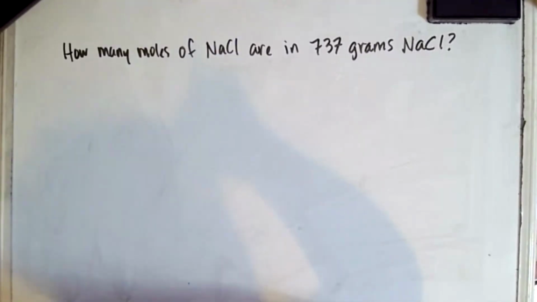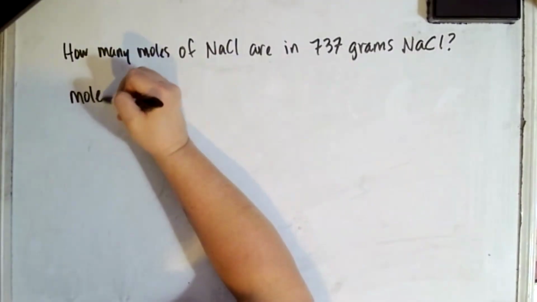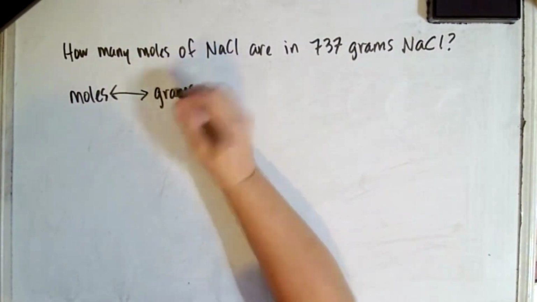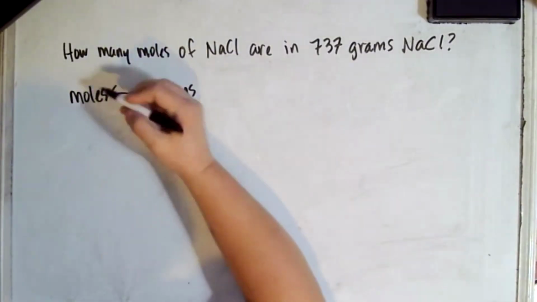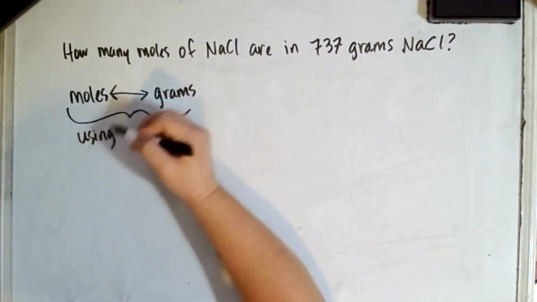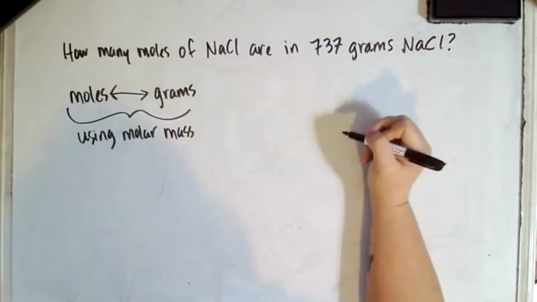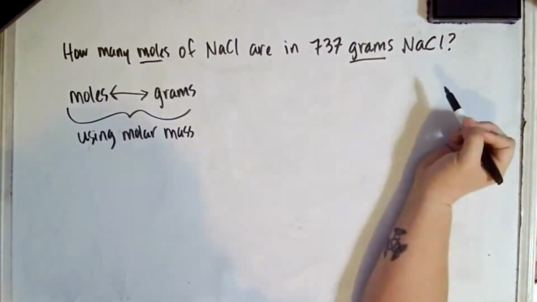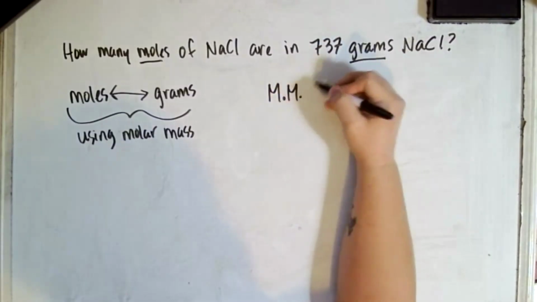So the first thing we want to do, whenever we're connecting moles of something to grams of something, whether it's moles to grams or grams to moles, is always make this connection using the molar mass. That's the only way to do it. Because they want us to go into moles from our grams, we know we're going to have to find the molar mass of our NaCl first.